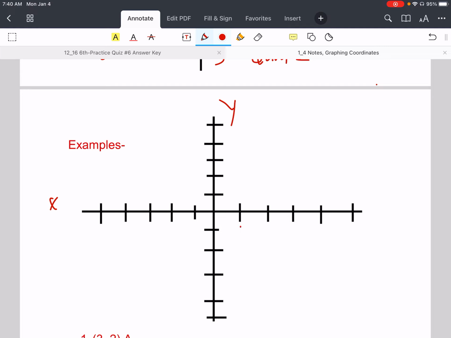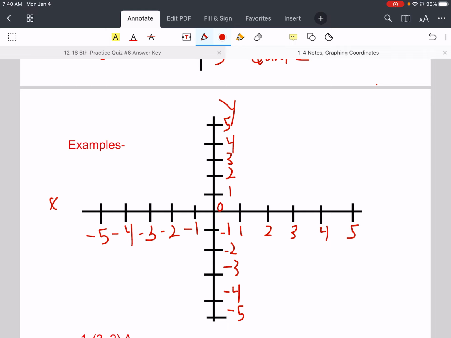I'll draw my quick numbers. So my positive numbers are going to the right and up. My negative numbers are going down and left. So our two number lines have the same rules as before. We're just combining them. And of course, 0 is in the middle, which is sort of an awkward spot.